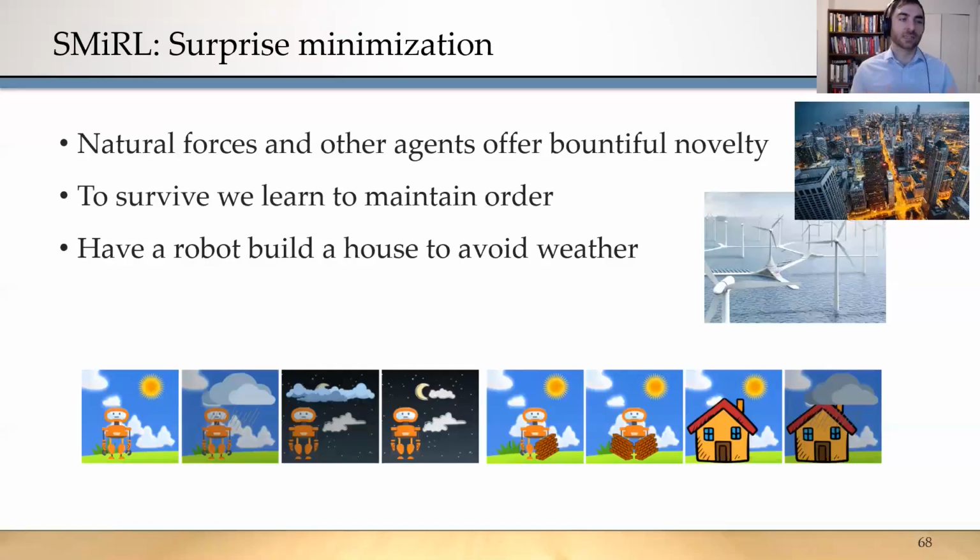What I'm really trying to get to here is that we've learned to develop really complex systems in order to support that survival. You can think of the way that we've learned to develop really large cities, power systems, homes and shelter, all in support of maintaining order in our environment and having better control over what we believe our future state is going to be, so that we can minimize the amount of potential chaos in the future.